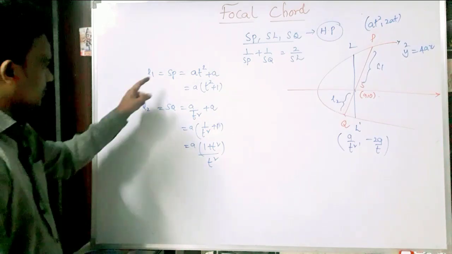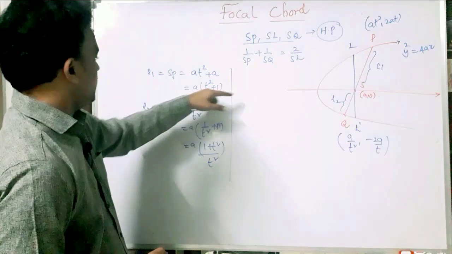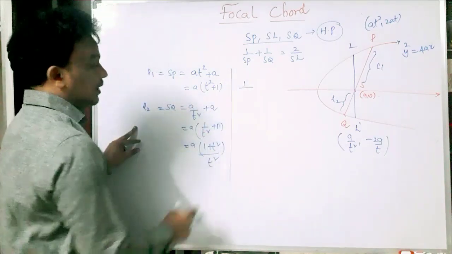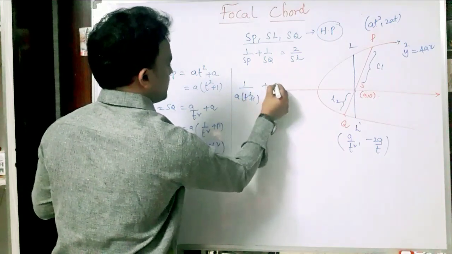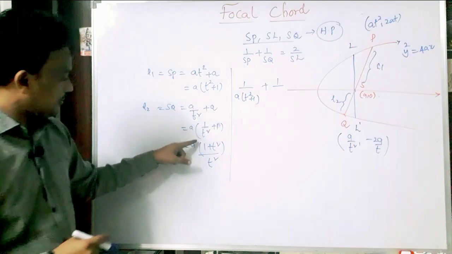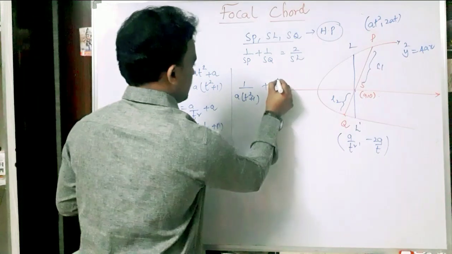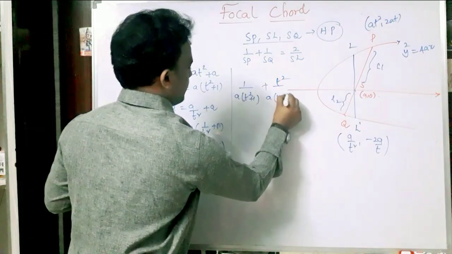Please substitute in this case: 1 by SP is 1 by a of t square plus 1, plus 1 by SQ. So 1 by SQ is t square by a of 1 plus t square.